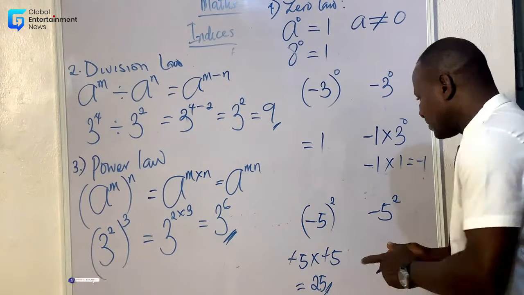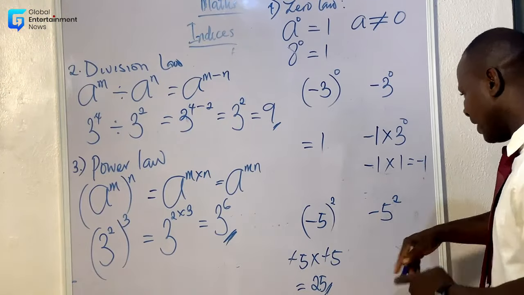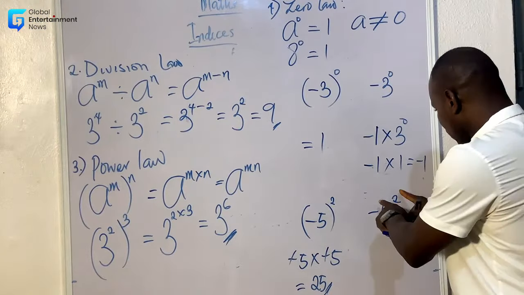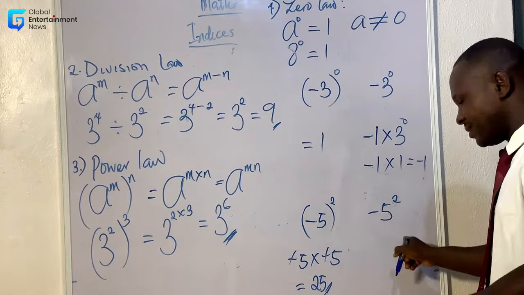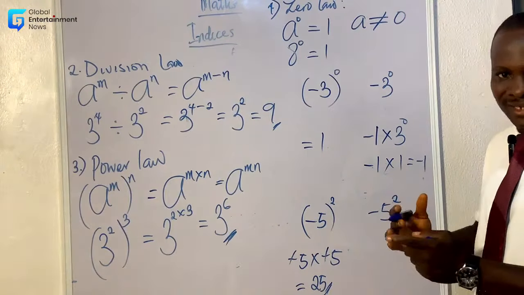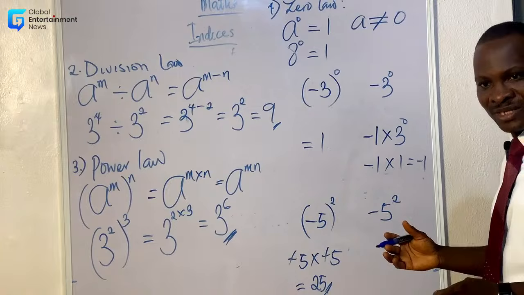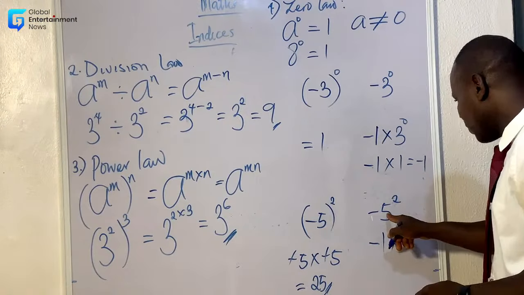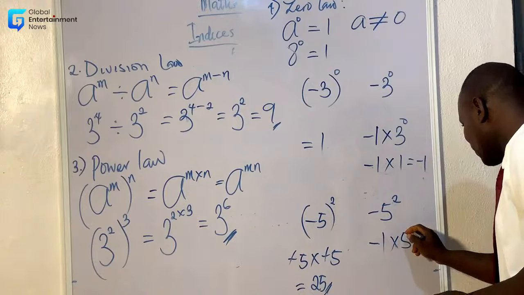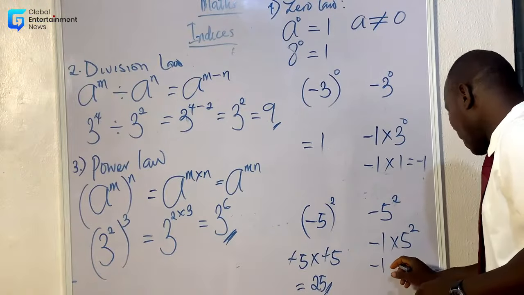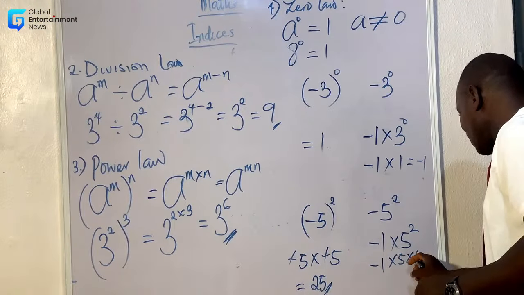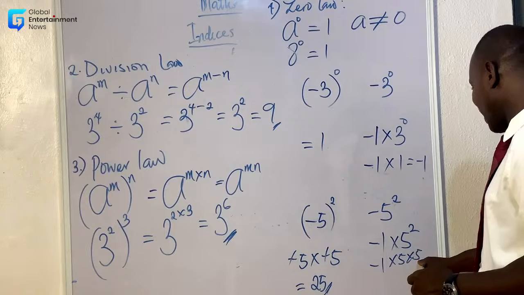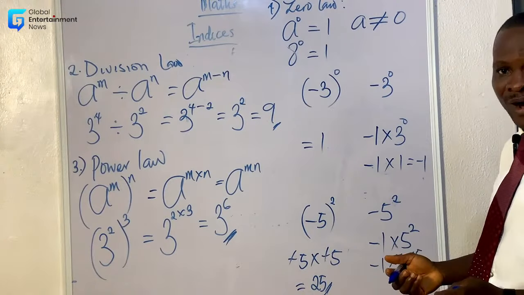And if you look at the second one, like I've said earlier on, without the bracket, once you see minus, it means there is 1 in front of it according to the principle. Which means that we have minus 1 times 5 raised to power 2, which is minus 1 times 5 times 5. Then 5 times 5 is going to give me 25.